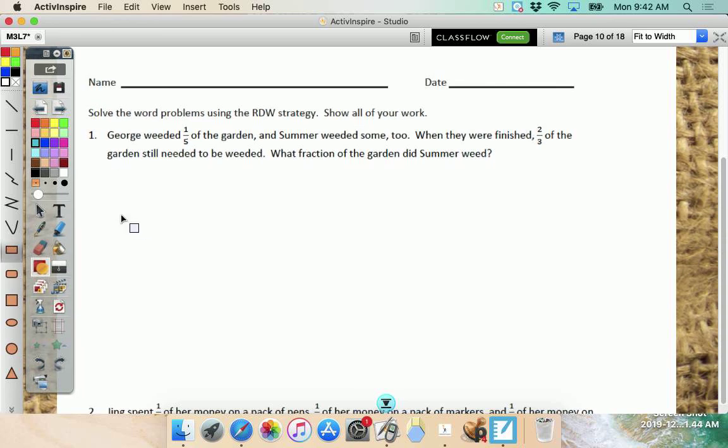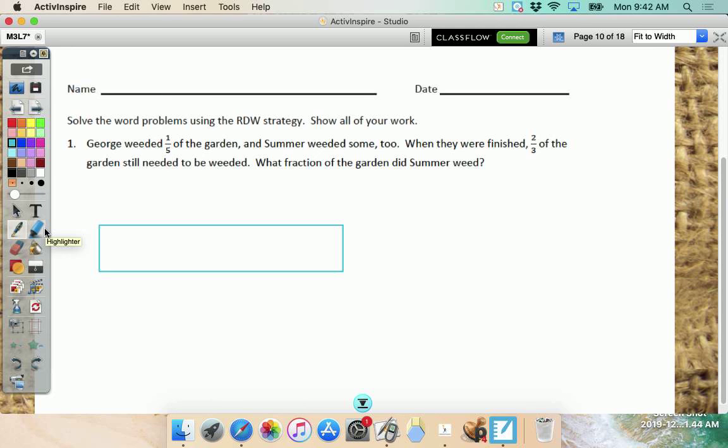So I'm going to have a tape diagram, and I'm pretty sure I still have 3 parts, because we have 2 people, and then what's left? So we've got George, and who else?